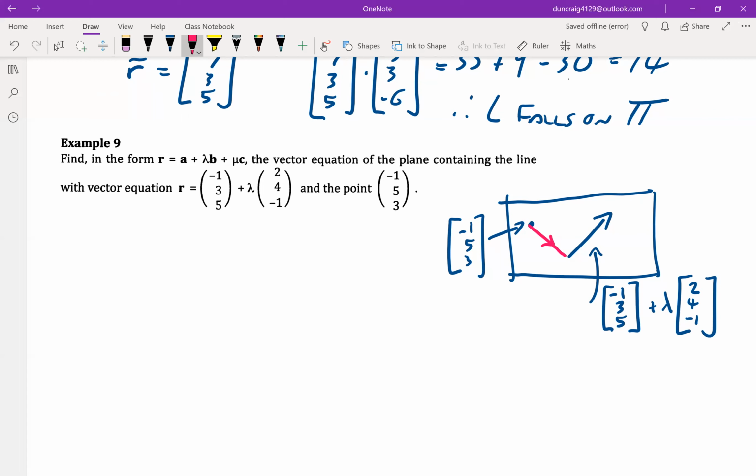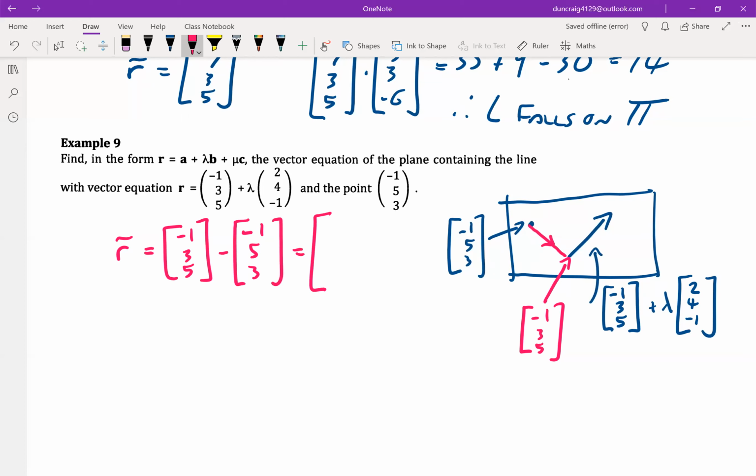That'll give us our starting point, which is just going to be -1, 3, 5. So our second line is just going to be r equal to -1, 3, 5 take away our other point, -1, 5, 3, and what does that give us? 0, -2, and 2, like so.